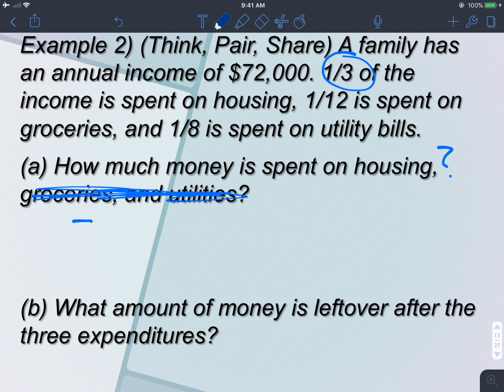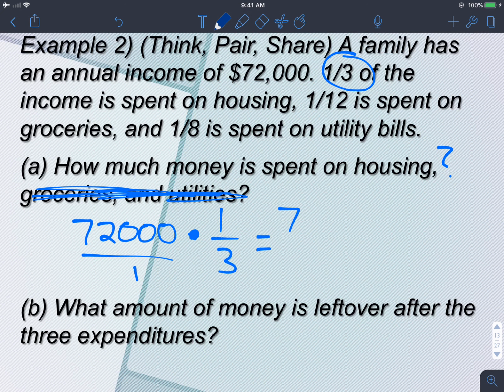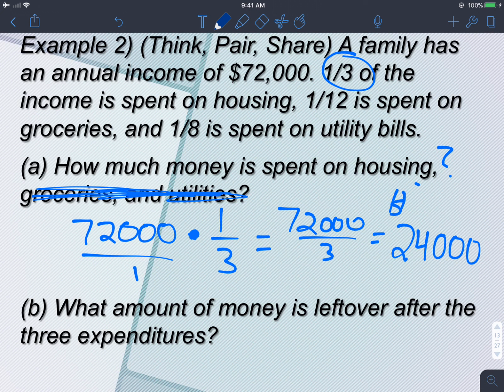So what I can do is 72,000, you can think of it as just divided by 3. Or times 1/3. Which would be 24,000. Okay, so just break it up into that part.